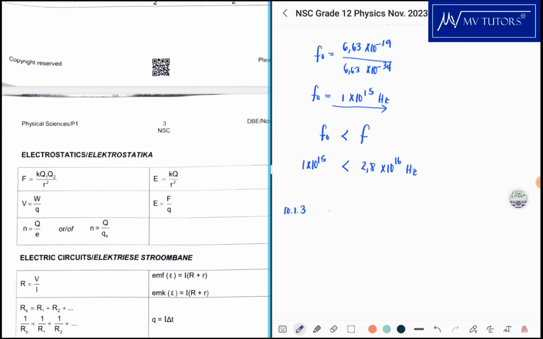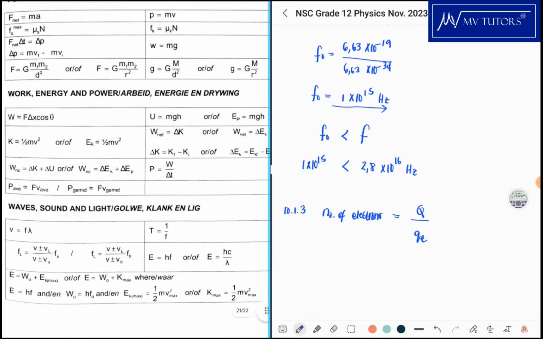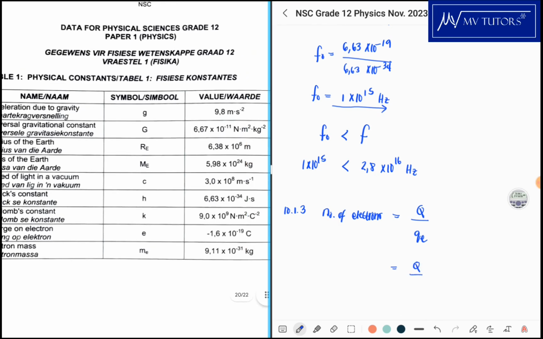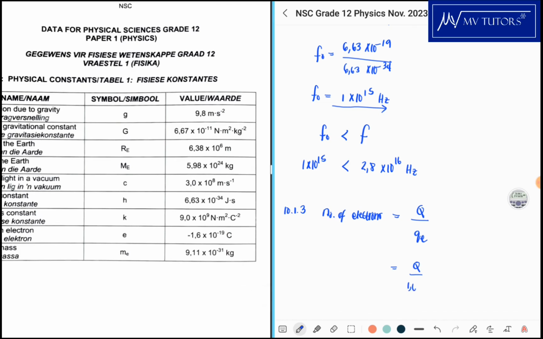So number of electrons is equal to the charge divided by the charge of an electron. Let me use small qe. And the charge of an electron, or on an electron, is 1,6 times 10 to the power negative 19.